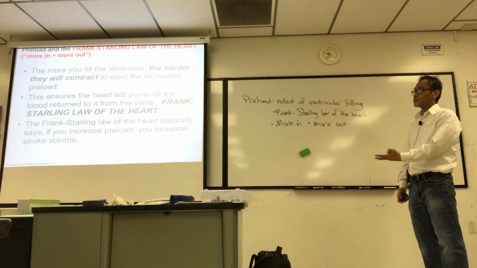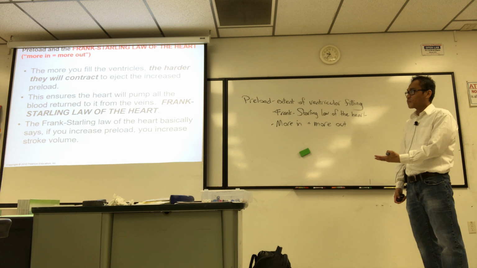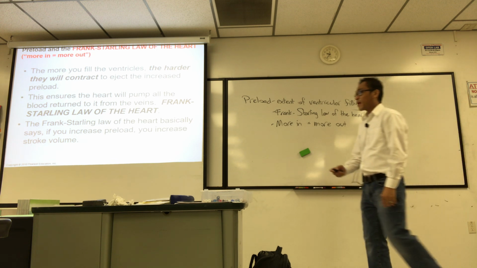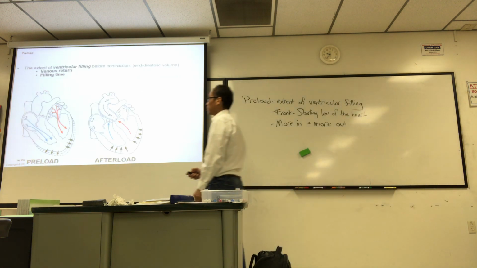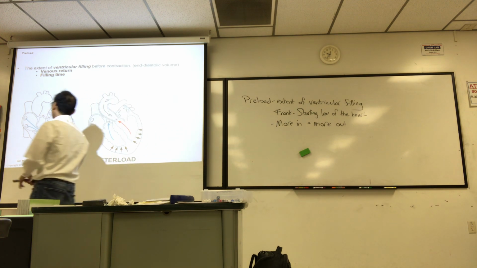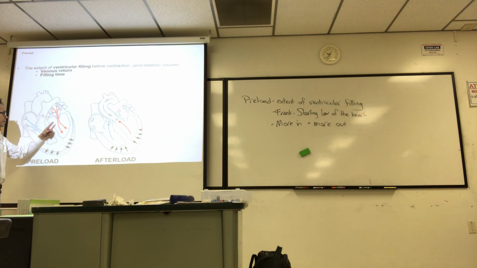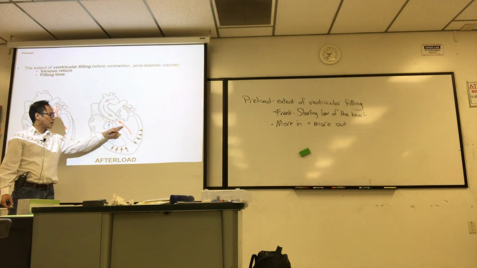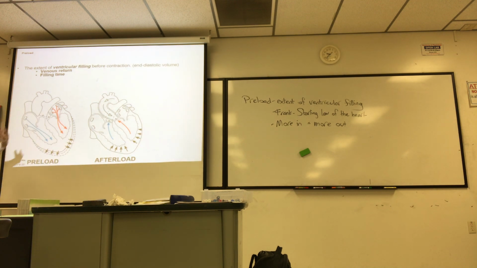And so, this is important because I said earlier, to go back just to that previous picture, they're filling at the same time, and they're ejecting blood at the same time, the right heart, the RV and the LV. And so they have to have equal output.